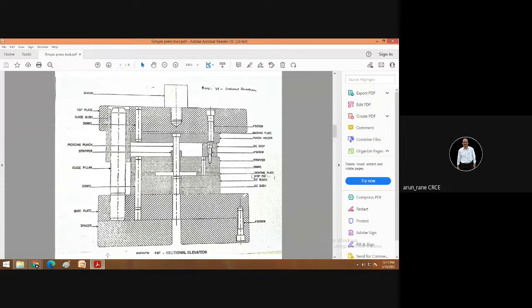So in that case, you need to increase the height of the tool. So for that, you have to put spacer, yeah, parallel block. So this is what is your spacer or parallel block is.